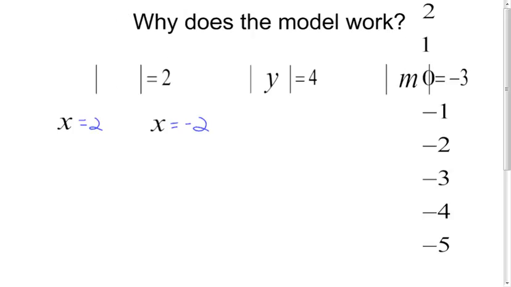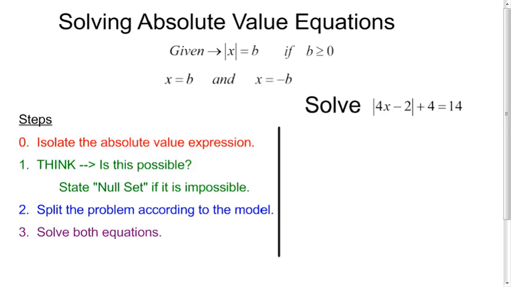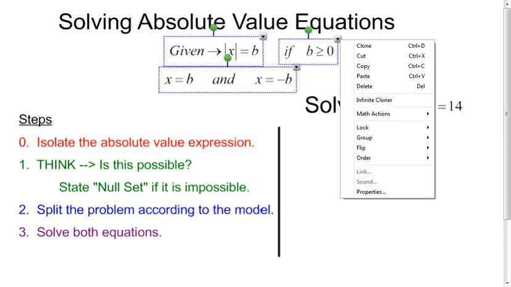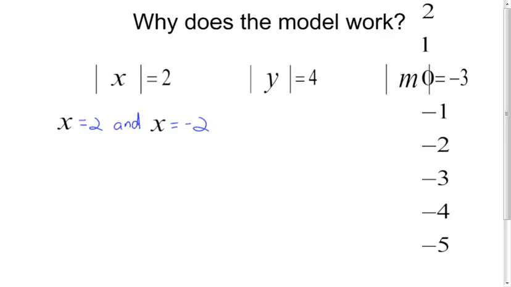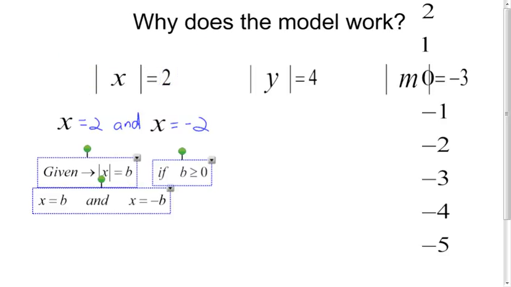Let's take a look here. I'll replace the x. It seems that if the absolute value of x equals 2, then x equals 2 and x equals negative 2, because they're the numbers that make it true. If you notice, this is exactly what the model says.